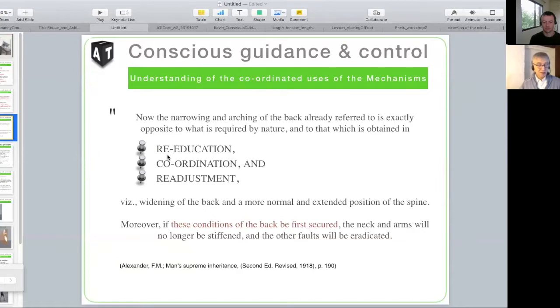He says it's impossible to improve by using the same system that has created the problem. If the problem of this absence of lengthening or this shortening of the torso is the fact that people are basing all their gestures on feeling, he says it's absolutely unreasonable to try and use the feeling, and I mean the feeling of that person, to improve that coordination.